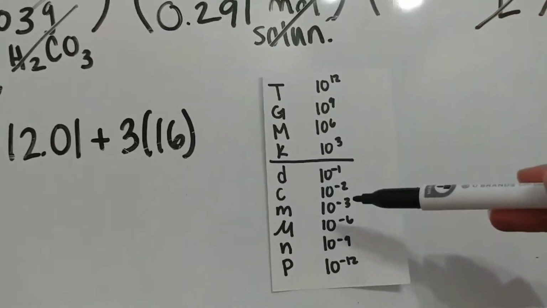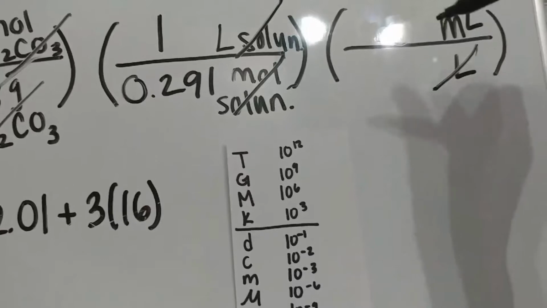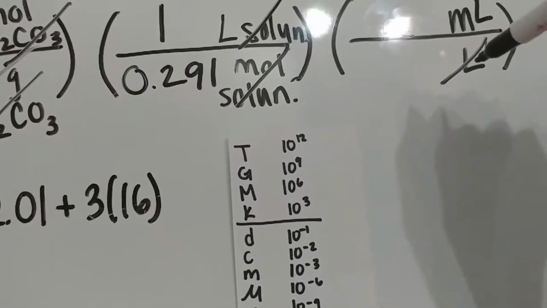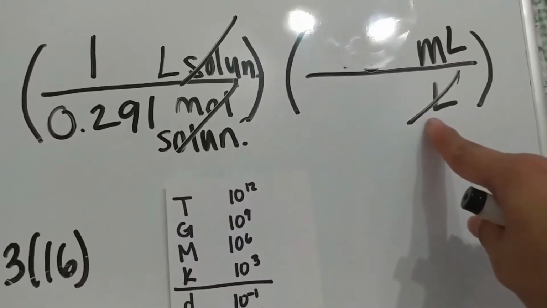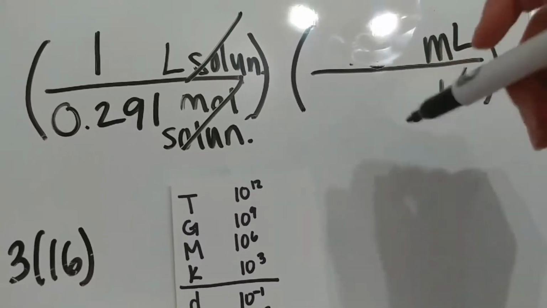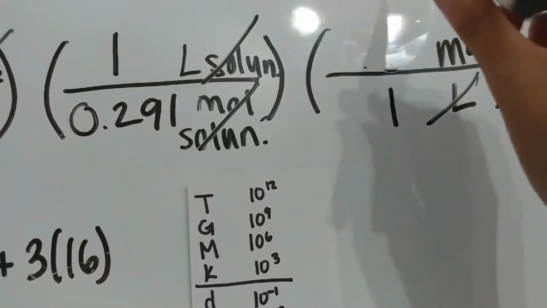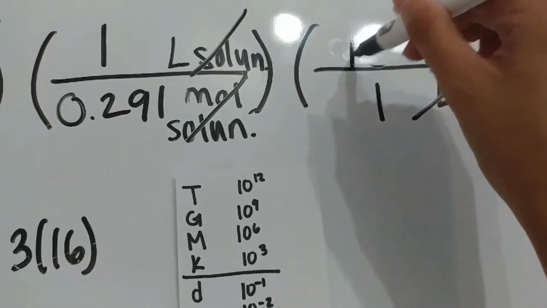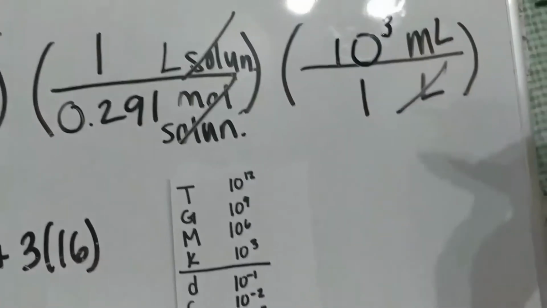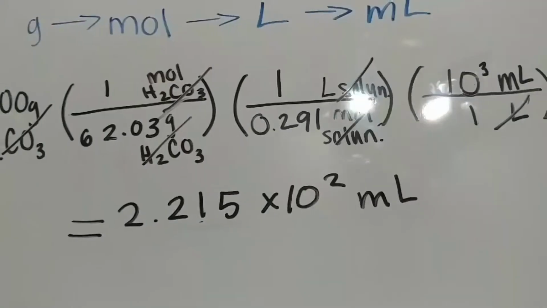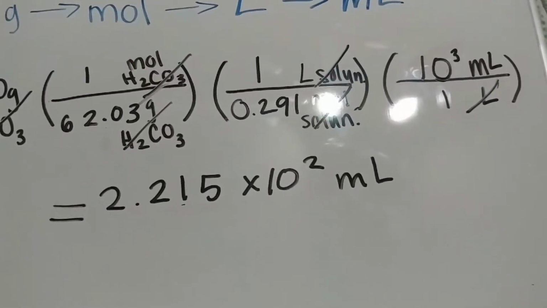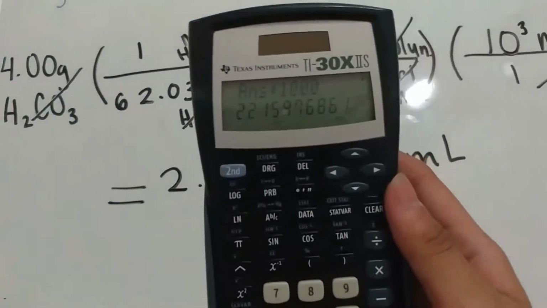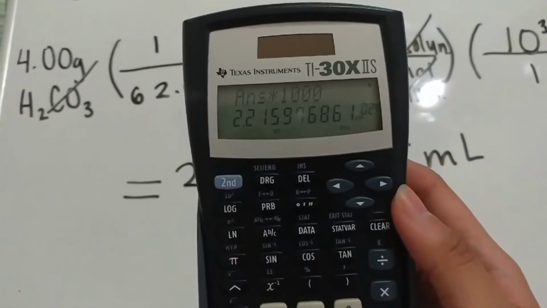Milli is 10 to the negative 3, but always remember that the negative 3 would be positive and that the bigger unit would have a 1. In this case, liters is bigger than milliliters, so liters would have a 1, and milliliters would have a 10 to the positive 3. After you plug the numbers into your calculator, you should get an answer like this.